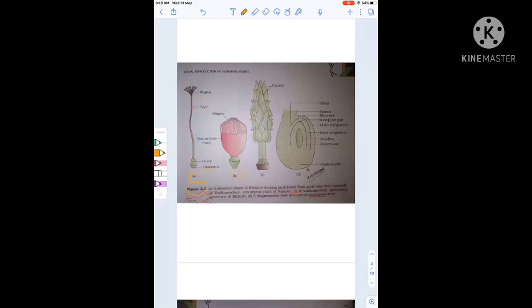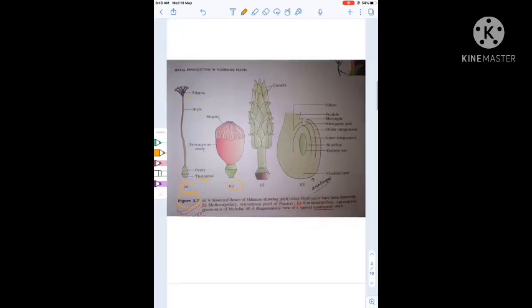If you see diagrams B and C, they look simple, but let's see the description of diagrams B and C. Diagram B is a multicarpellary syncarpous pistil of Papaver, and C is a multicarpellary apocarpous gynoecium of Michelia. Now the question can be asked as: Papaver is this.